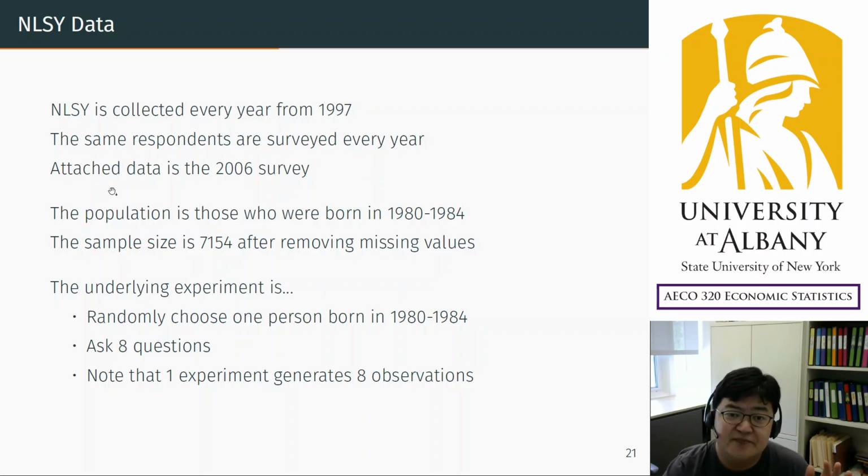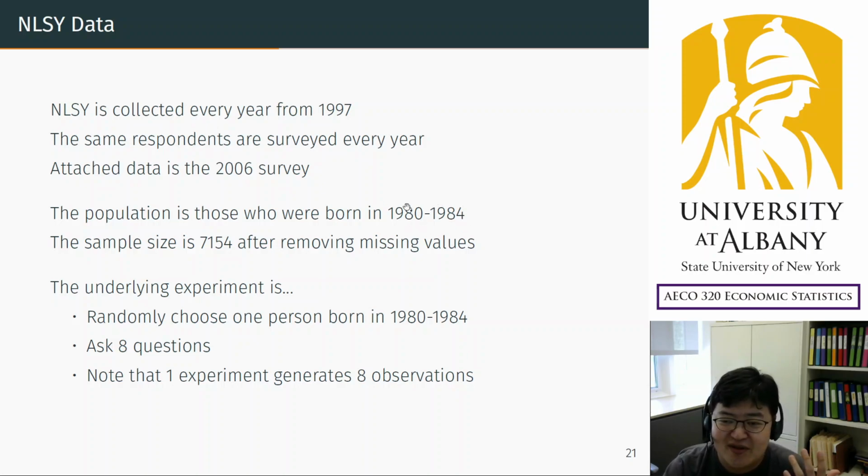And the data was from the 2006 survey, approximately 9 years after the first survey, right? So in this data, the population was designed to be the people who live in the US and who were born between 1980 and 1984.